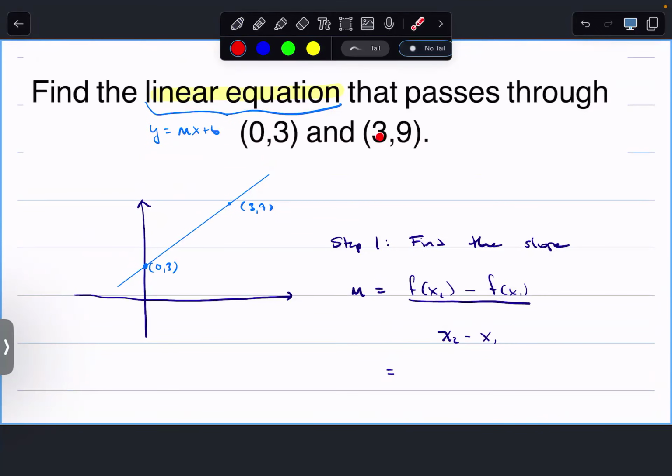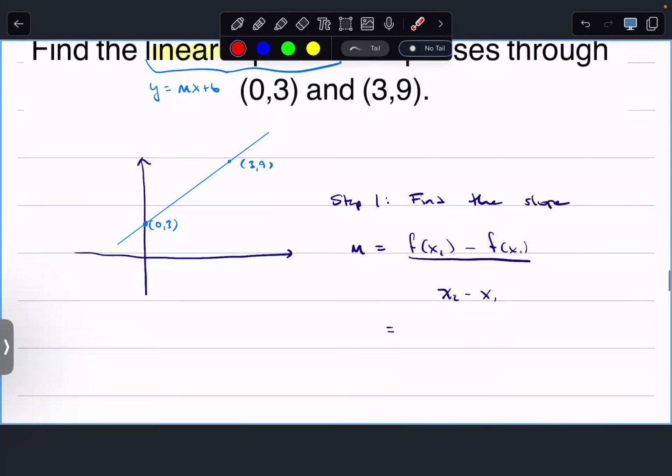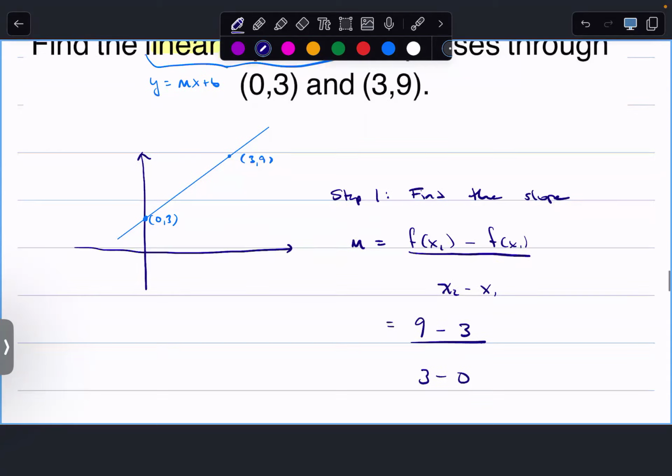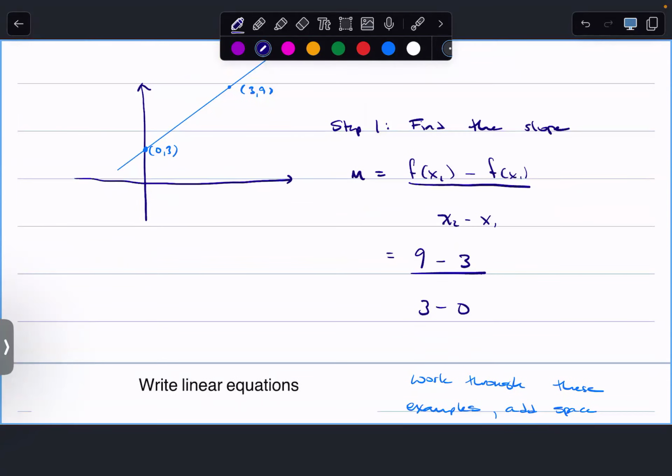x1, x2, f of x1, f of x2. So I have 9 minus 3 divided by 3 minus 0. 6 divided by 3, gonna lock it in at 2.